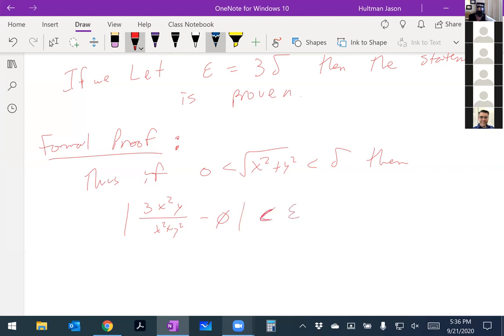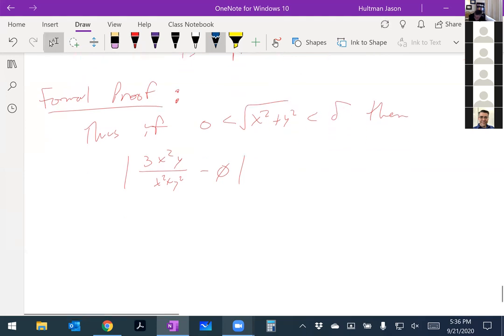So we want to prove that. Let's go forwards in this. So what does this equal? We saw this was 3x squared absolute value y over x squared plus y squared. That's easy.